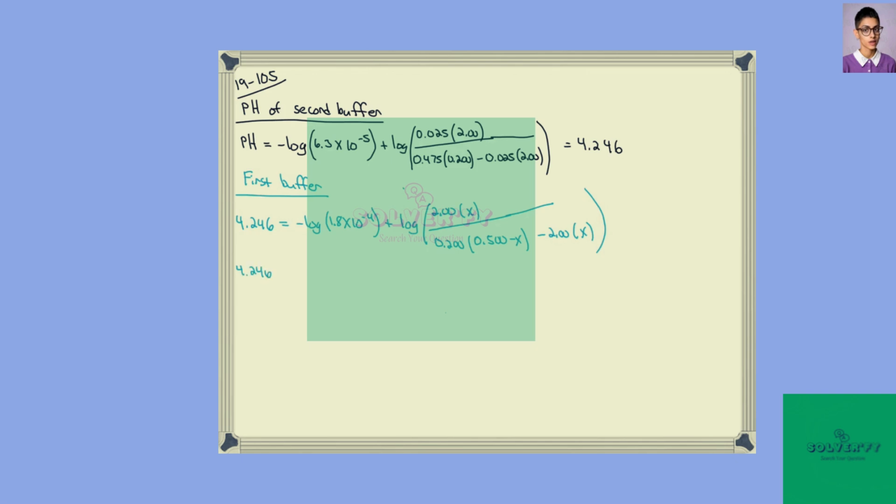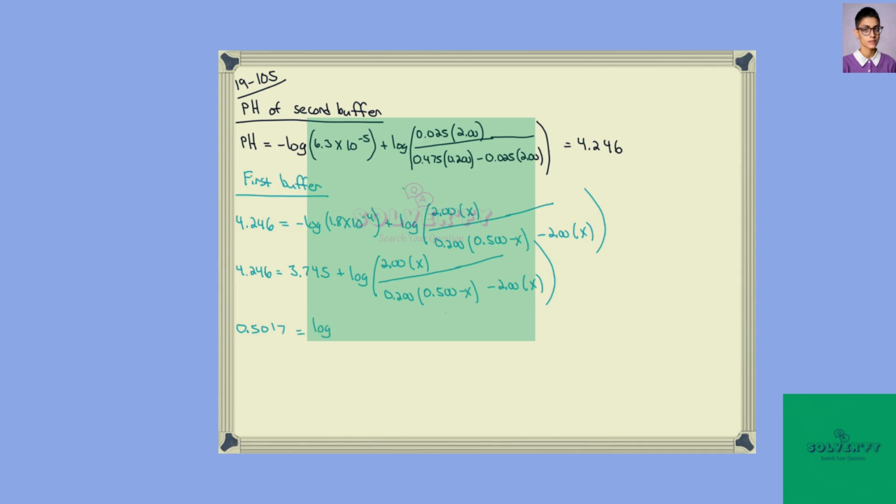The rest is algebra. It is a little bit lengthy of an algebra problem, where what we will do first is try to consolidate what we have in the denominator after first calculating the negative log of 1.8 times 10 to the negative 4.